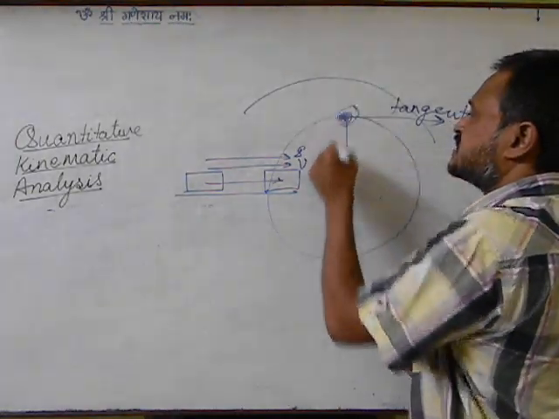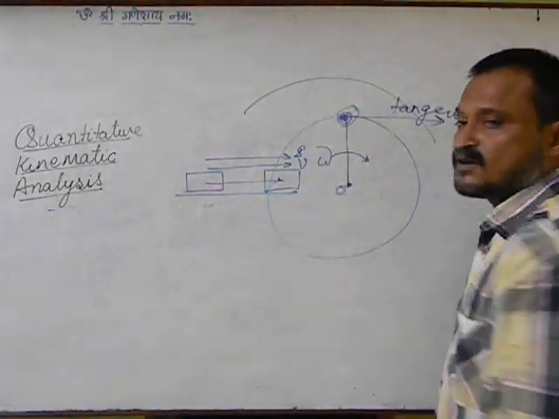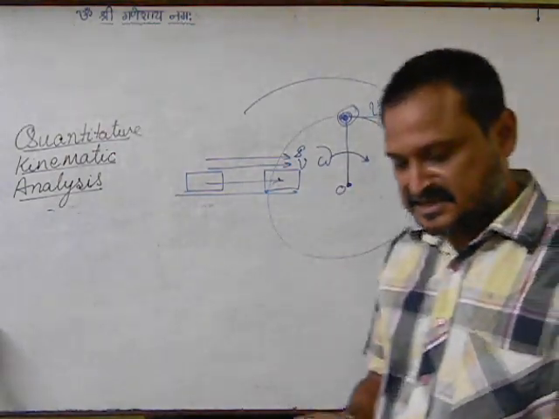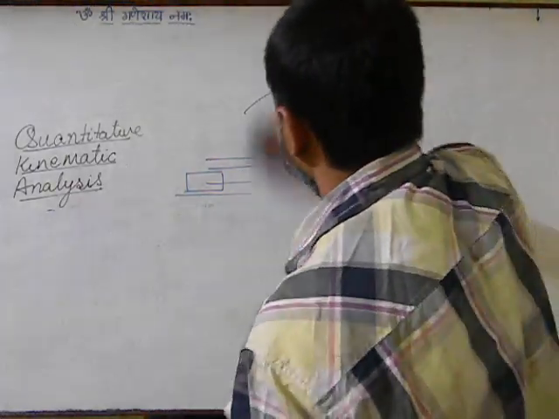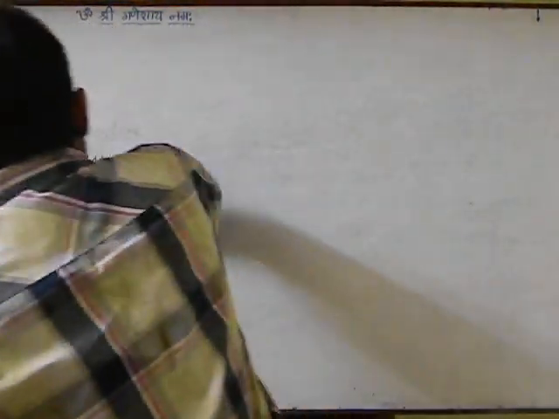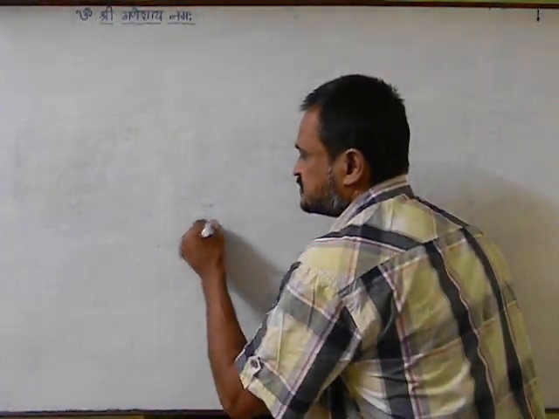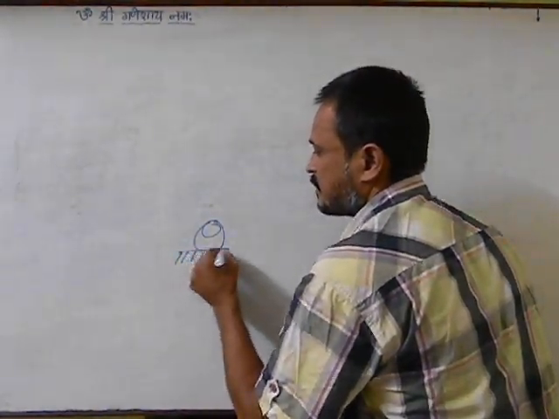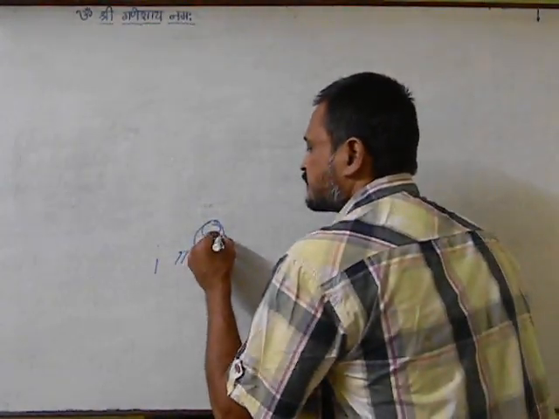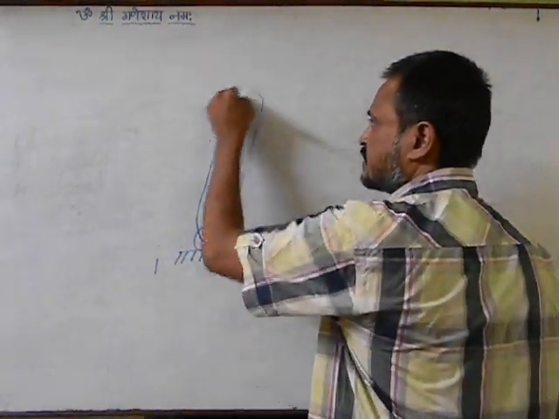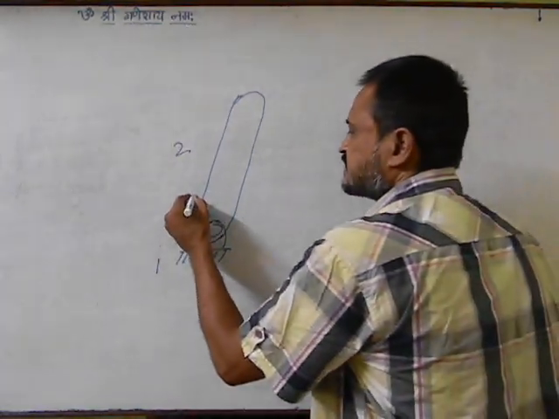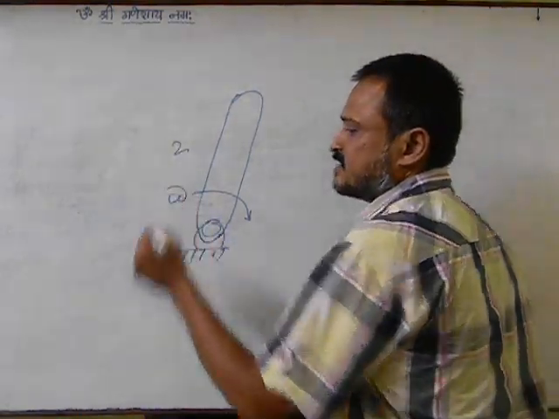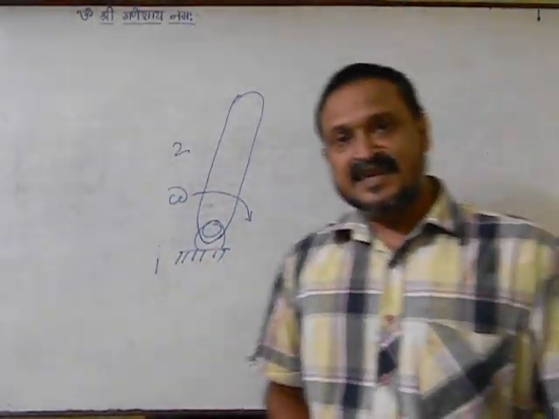So at this instant, I can relate the angular velocity with the linear velocity conditions, right? For this, let us say with the help of an arrangement, this is link 1 and we form a pair, so this is link number 2, and let us say link number 2 has a pure angular motion, so the velocity is angular.